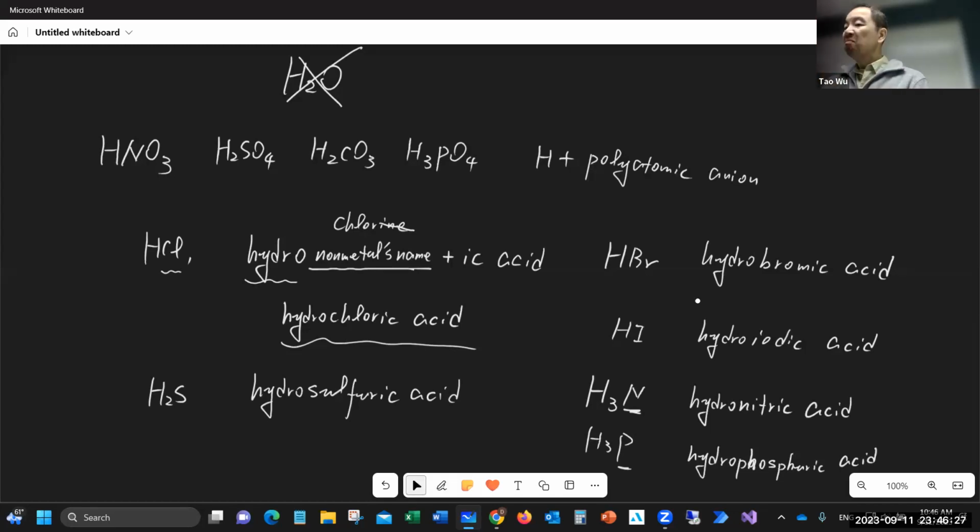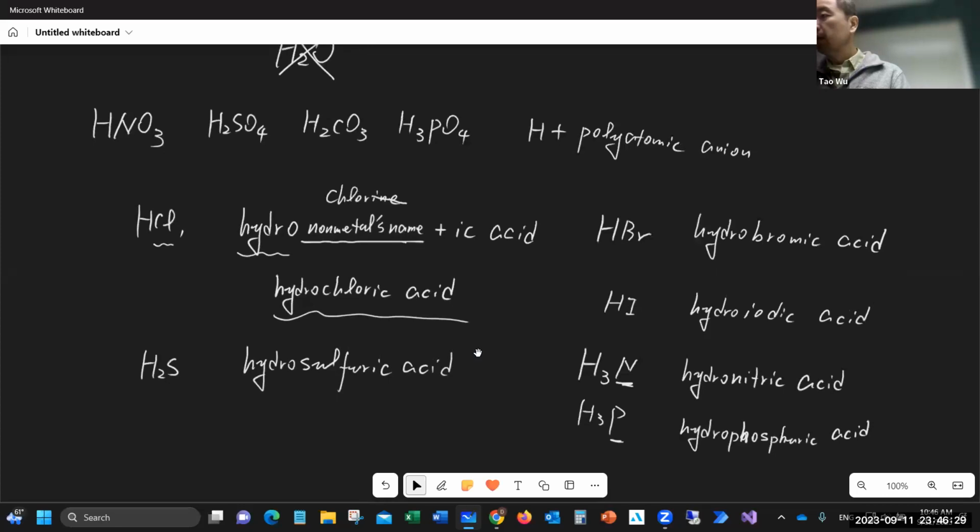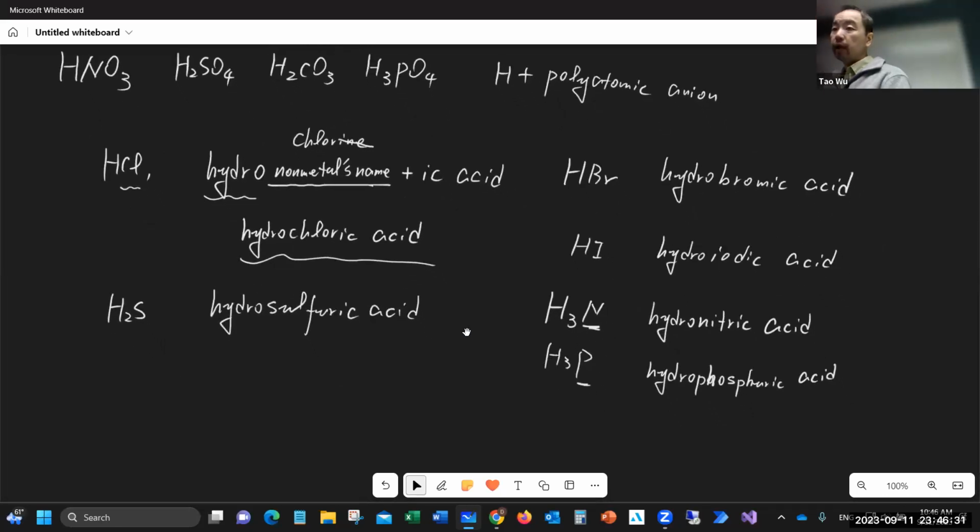Generally you're doing the same thing: adding hydro in front, changing the non-metal's name, and adding ic acid at the end.